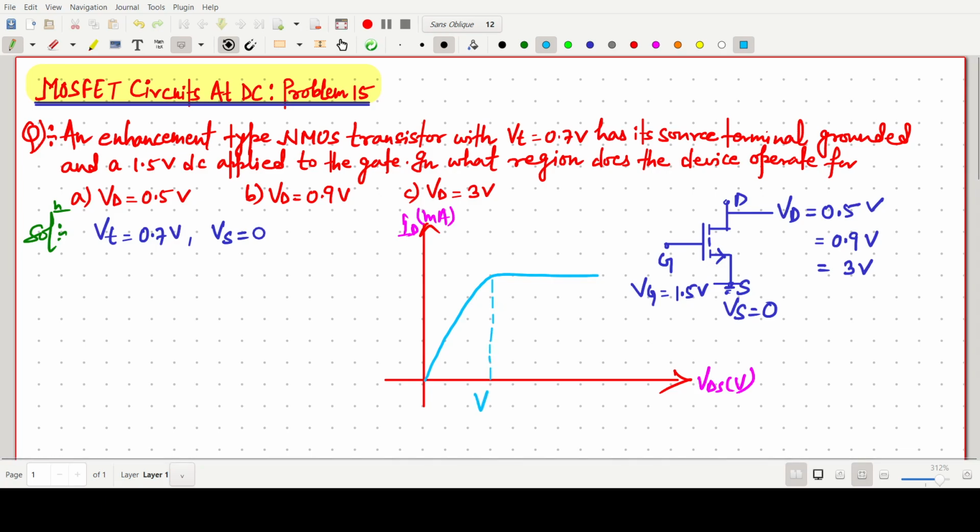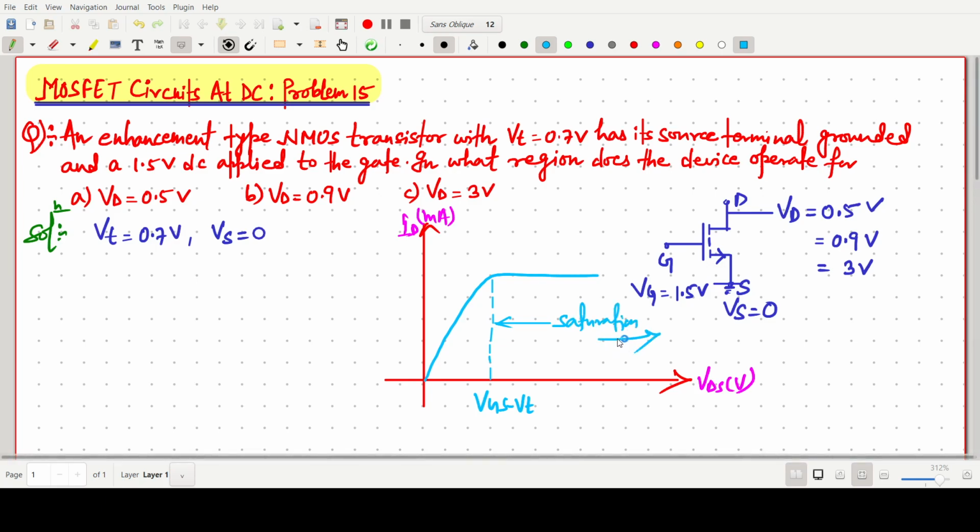And this point is our VGS minus VT. On this side it would be in saturation, and this side is in the linear region. Up to this it is in the linear region, so this one is also important.